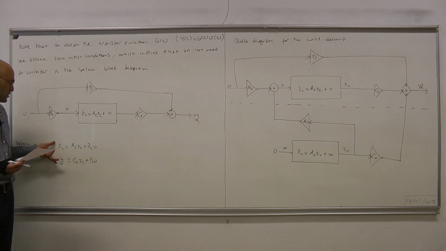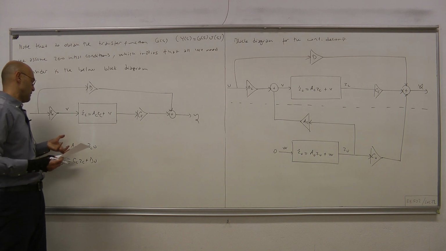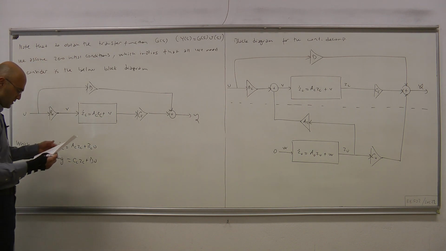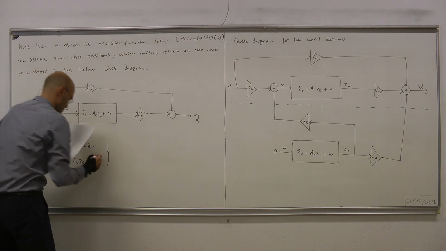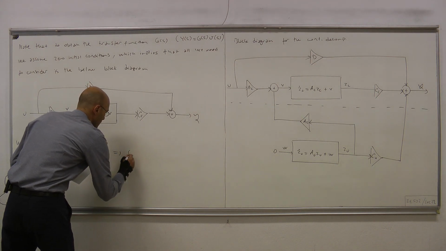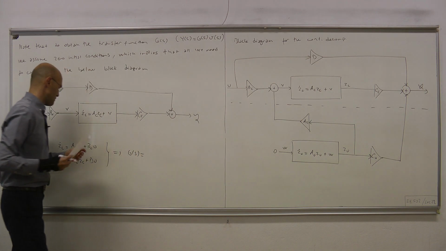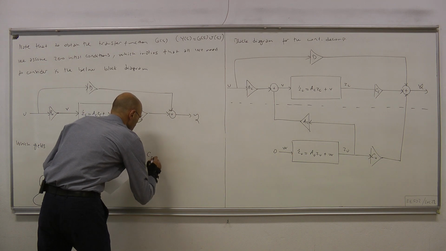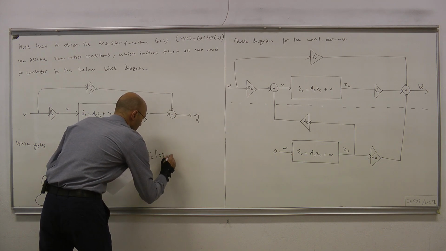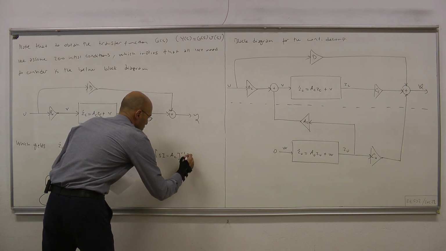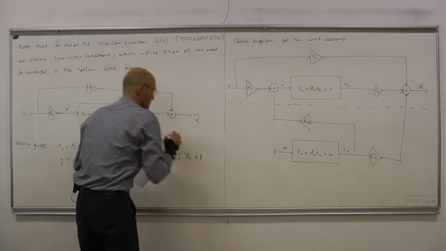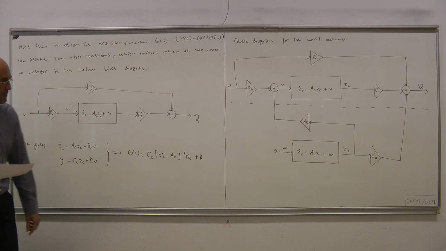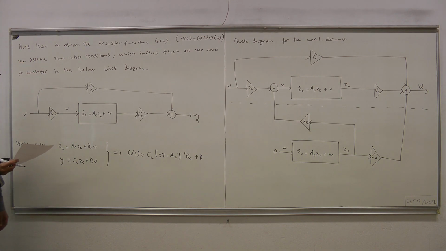So this is a simpler system, in general of degree smaller than the original system. And this produces that the transfer function corresponding to the system equals C_C (sI minus A_C) inverse B_C plus D. So what we have obtained is the following.